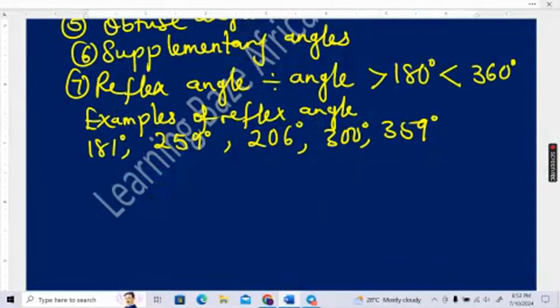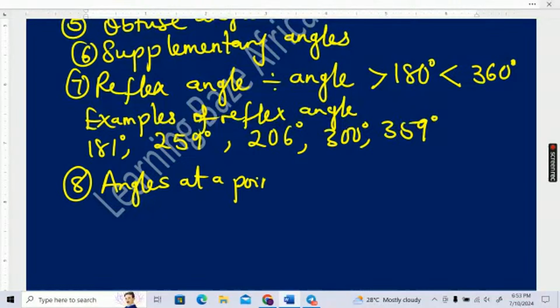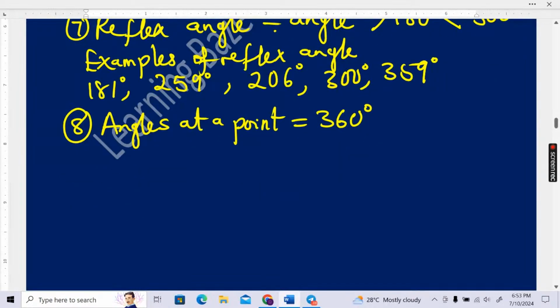Now, the next type of angle you will learn is what we call angles at a point. Angles at a point is equal to 360 degrees. I need to draw and show you how reflex angles look.